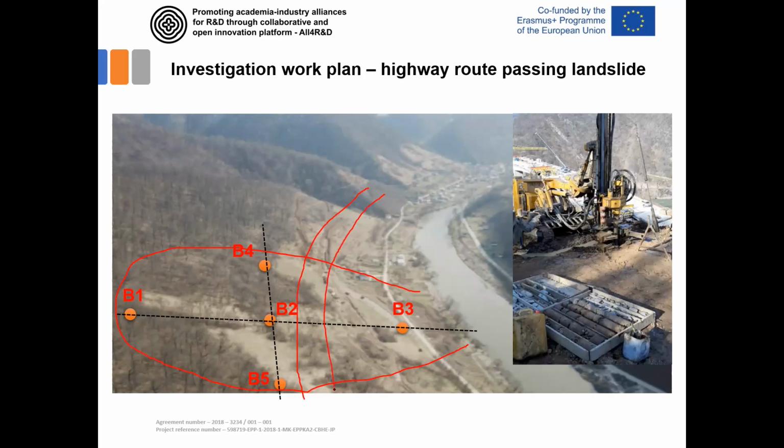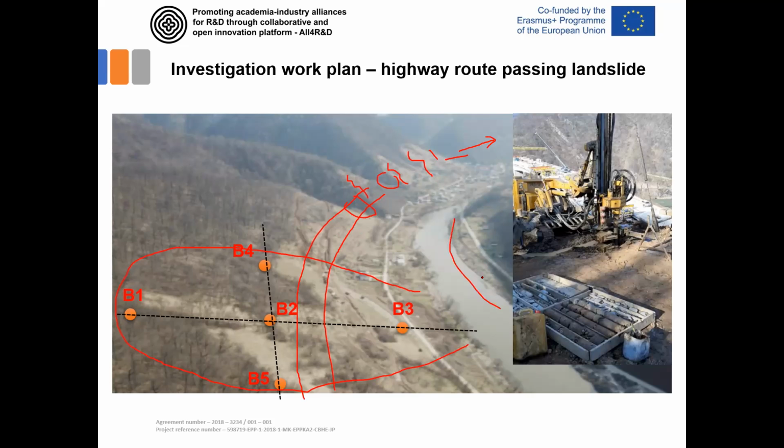So this is the highway route passing one bridge here, the other bridge here, deep excavation here, another deep excavation here, and very deep excavation also here, and then passing in the tunnel here, going through this hill up to the south.